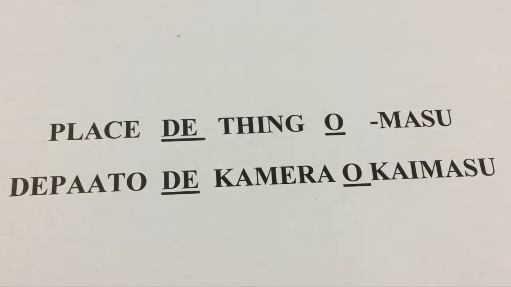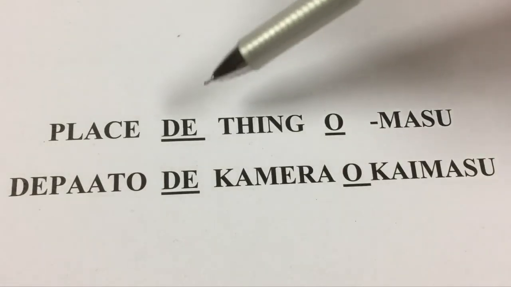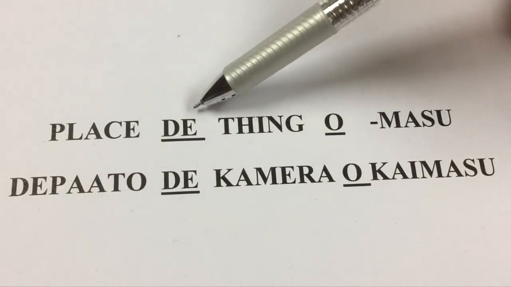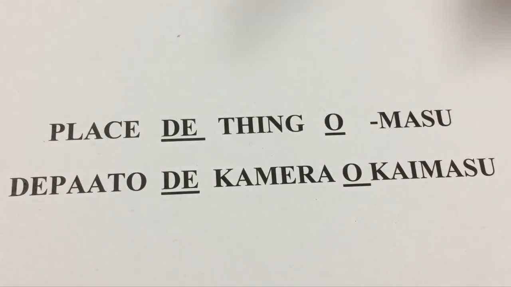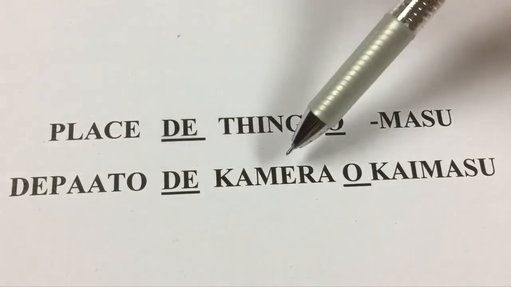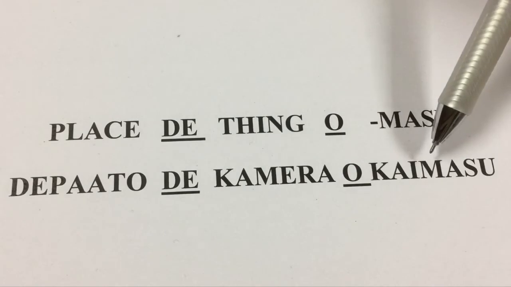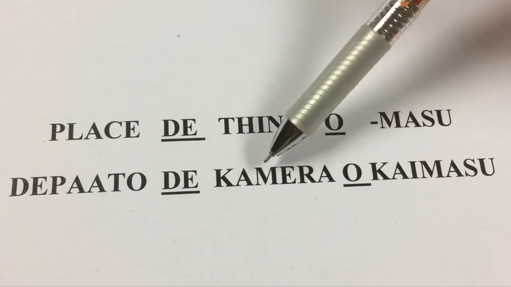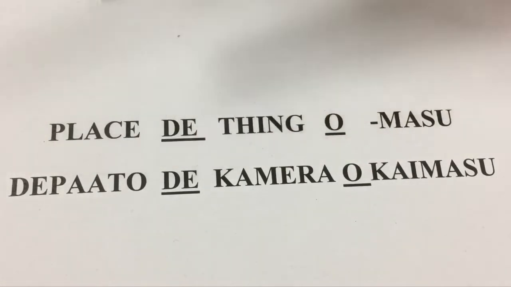It means that you go there and you do something there. So for the place where the action is happening, we use particle de. For example, depaato de kamera o kaimasu. I purchased a camera at the department store.